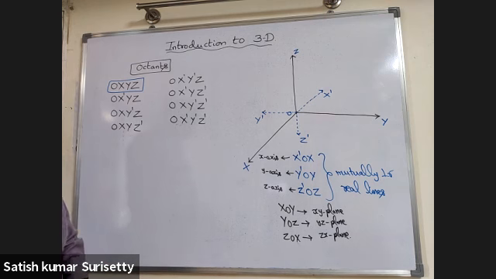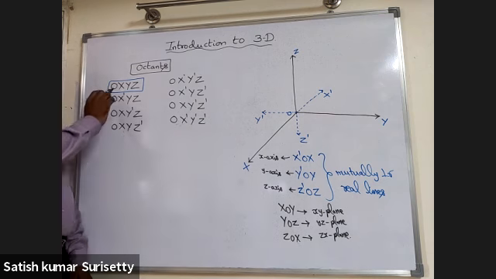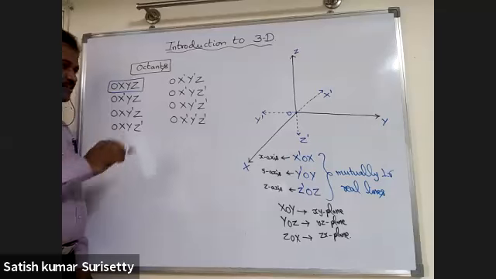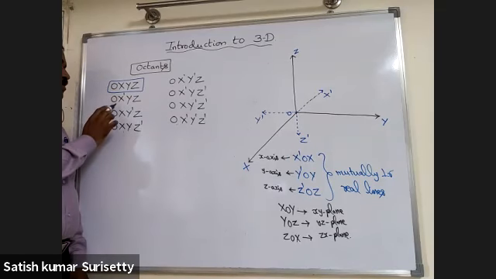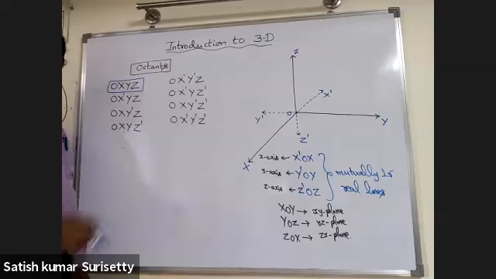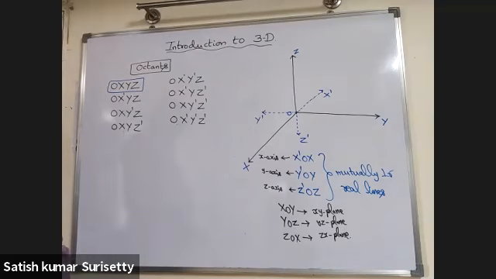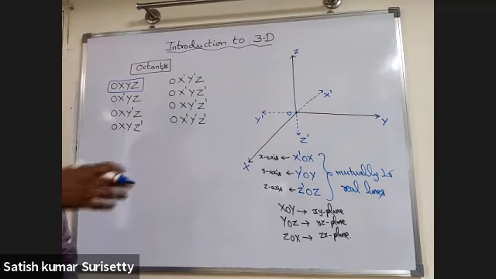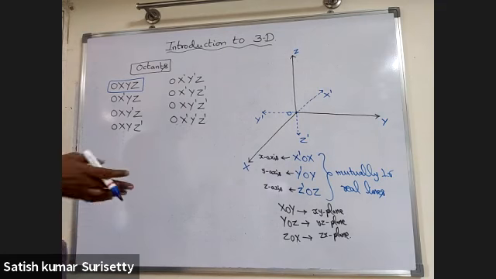Then the room where you are is OXYZ. If you extend along the x-axis, it will be OX'YZ. If you extend along the y-axis, it will be OXY'Z, and so on. That means it will be like a side room below, to the left side, and so on.